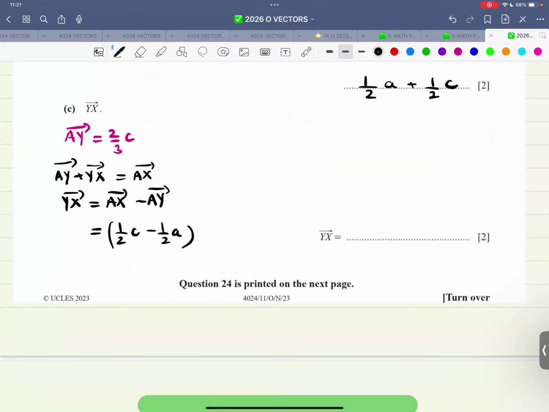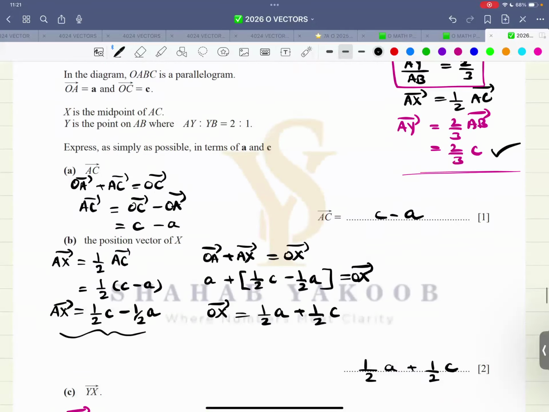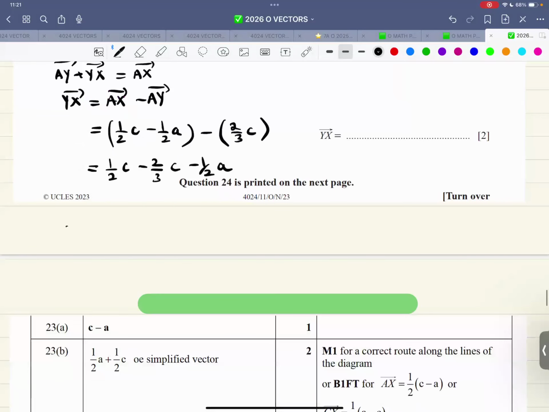Use brackets excessively. Minus AY. What is AY? AY is over here, that is 2/3 C. So this is half C minus 2/3 C minus half A. So half minus 2/3.